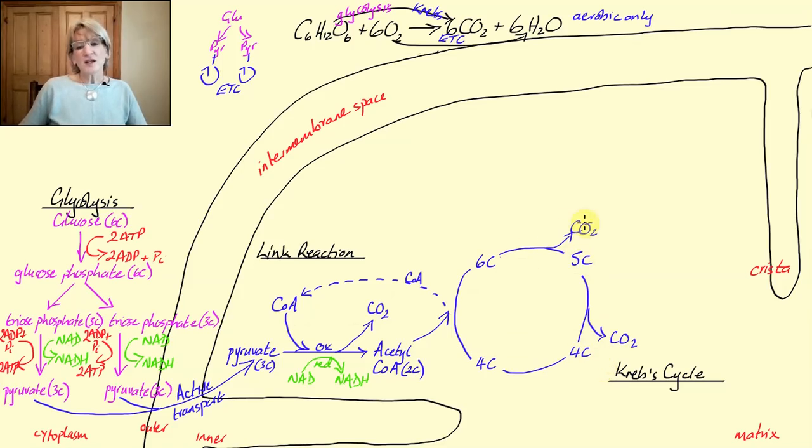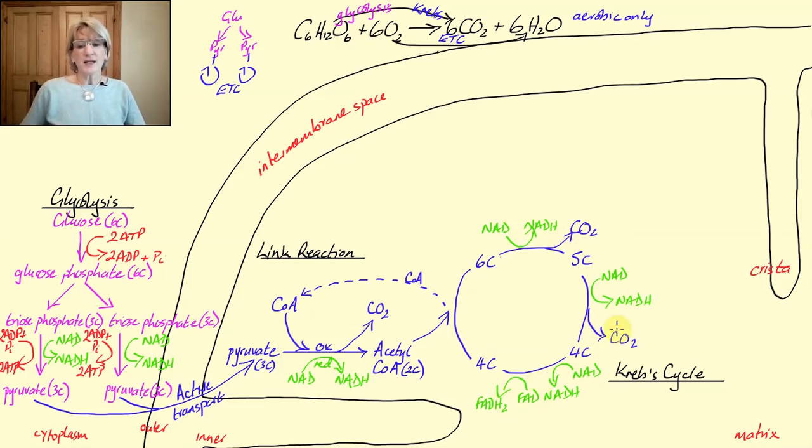Now, each of these processes, for those of you going on to uni, can be called oxidative decarboxylation because at each stage, NAD is reduced to NADH. And this is exactly what happens in the Krebs cycle.